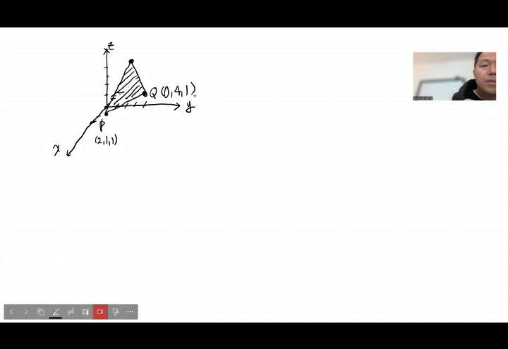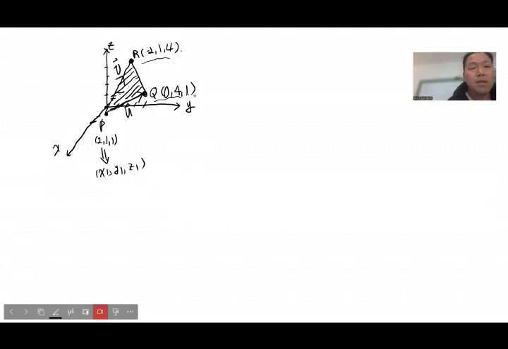So that is R (-2, 1, 4). So the first step, we set up P as the reference point, which is x1, y1, and z1. And you just use these 2 points as the terminal points for two vectors, U and V, right?